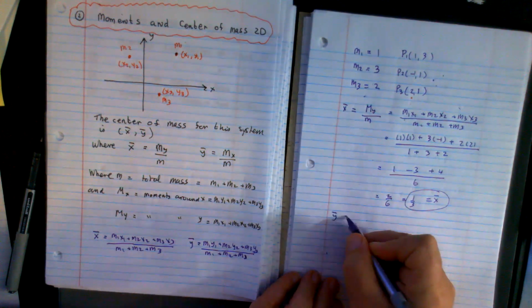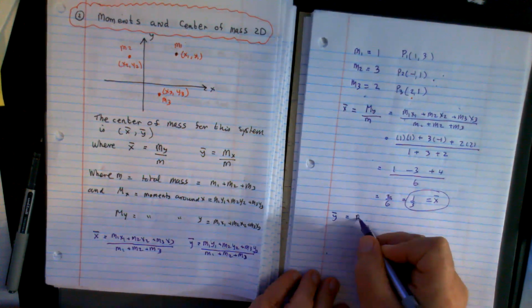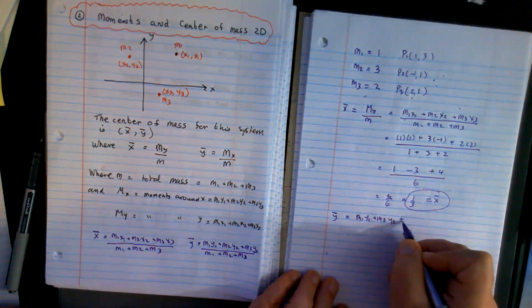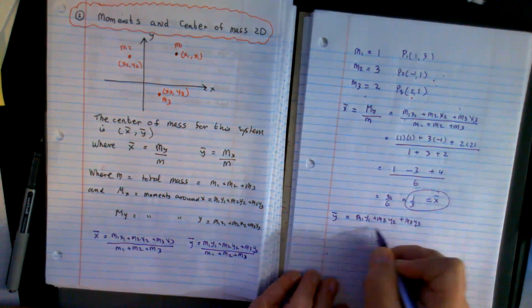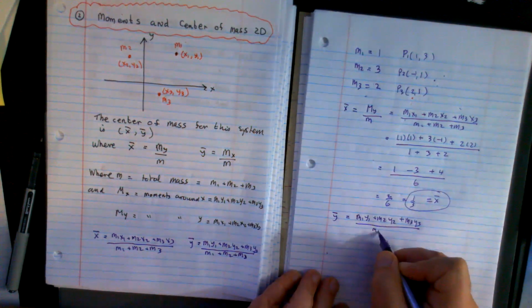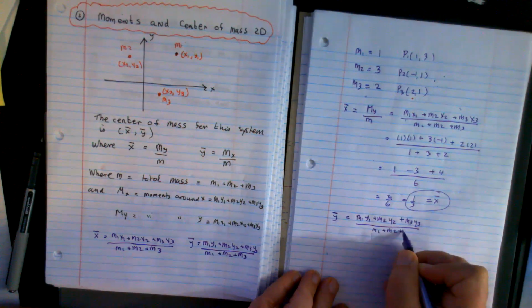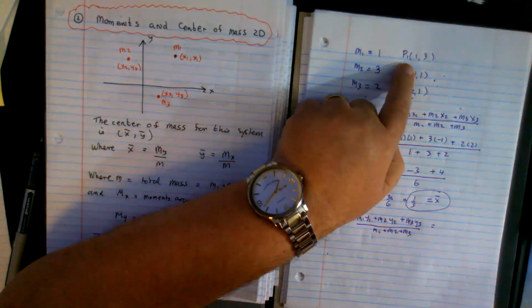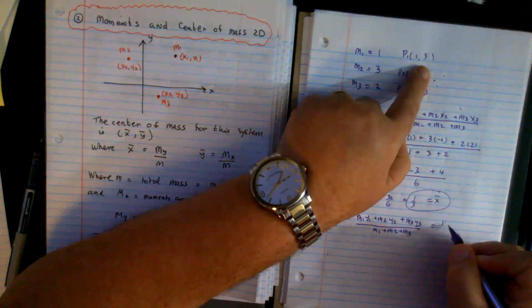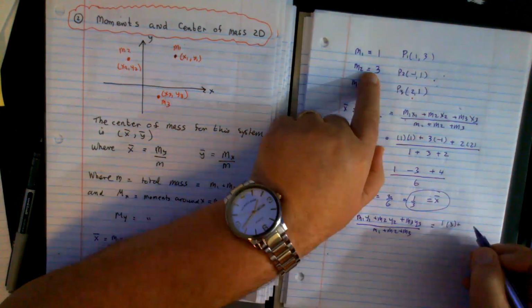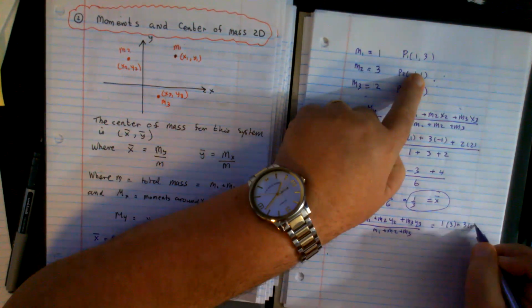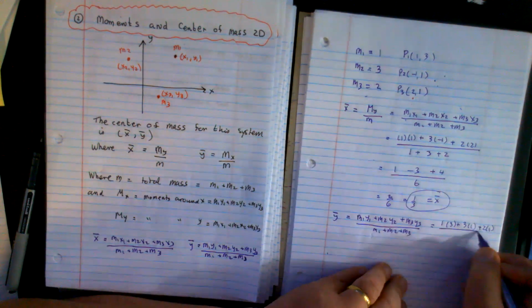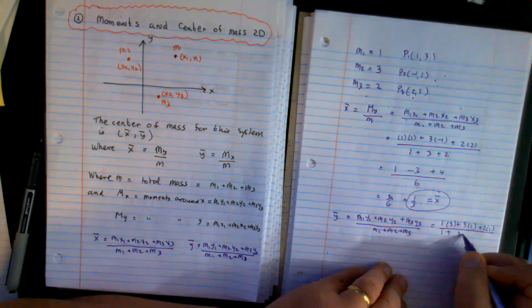To get the Y bar, it's simply just going to be M1 Y1, M2 Y2, M3 Y3 over the total mass. And M1 is 1 times 3 plus 3 times 1 plus 2 times 1 all over 1, add 3, add 2.